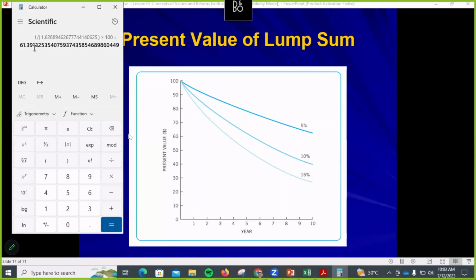61 rupees and 39 cents at 5% interest. Your 100 rupees would be 61.39 rupees after 10 years. So that is the present value.